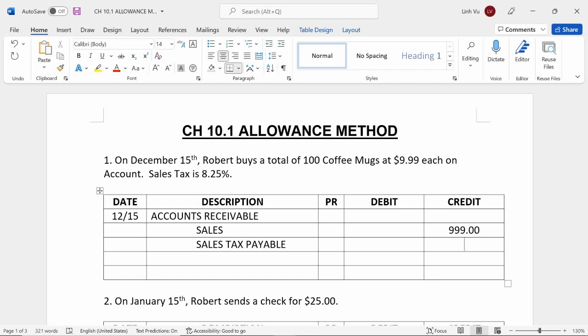It's a decimal, you're not looking at a percentage. Yeah, it's only $82.42. So what's the total amount that Robert owes me?